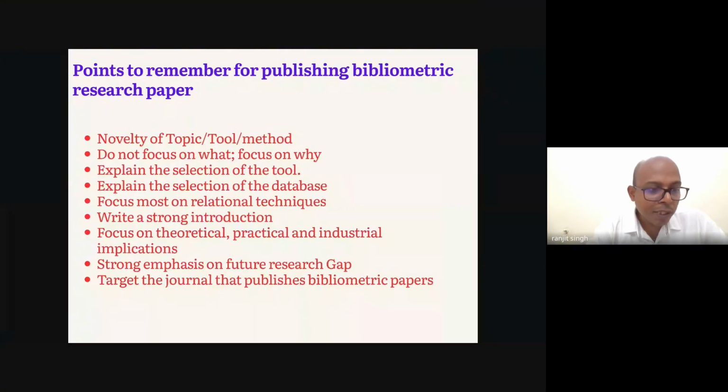And if it is possible, once you have written a bibliometric article, if you know any researcher or author who has expertise in bibliometrics, let the article be reviewed by that author, if he or she is interested, depending on their availability of time and your connection with them.